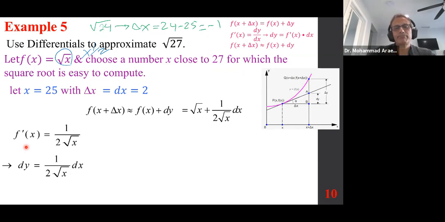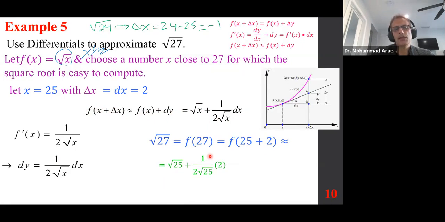Plug in. Plug in x equals 25 and dx equals 2. So square root of 27 is f of 27, or f of 25 plus 2. So we are here. And now here we're going to plug in. As you can see, the 2's cancel out, and square root of 25 is 5.